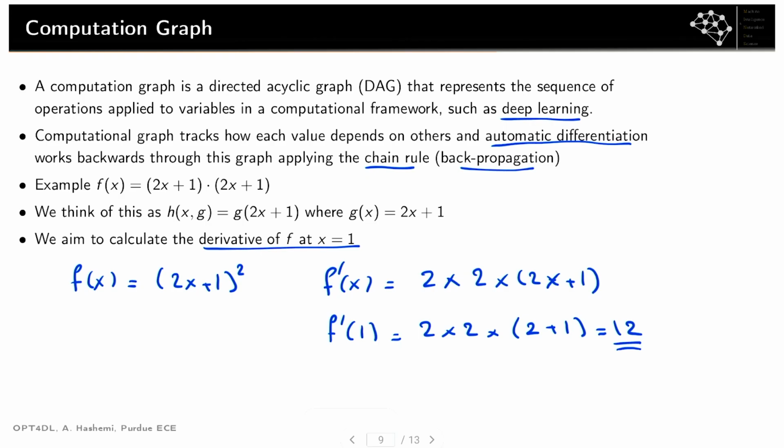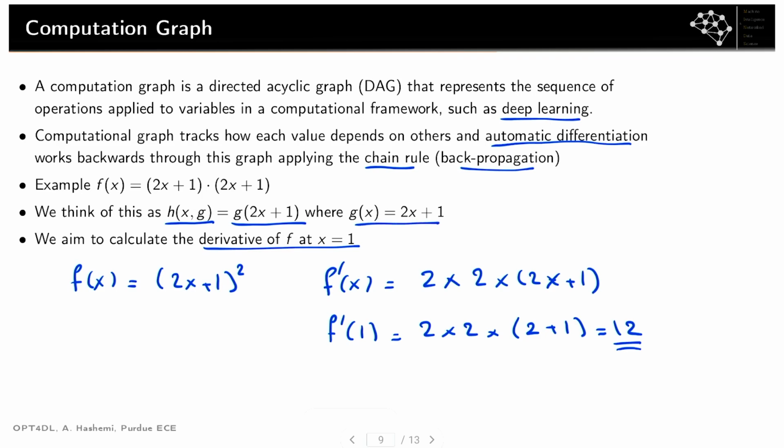To do that, we're going to make things complicated. We're going to think of this function as some other function h, which now depends on 2 variables, x and g. What's the dependence? Basically, the function is g times 2x plus 1. Now, what's this other variable g?